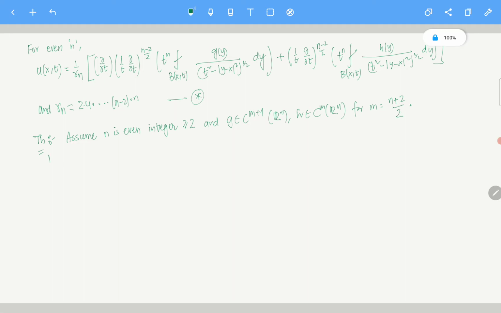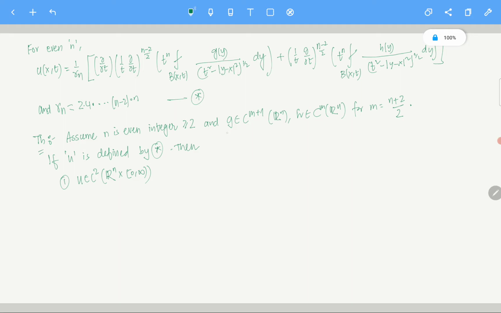Now if u is defined by star, then number one, u of course is in C2 of R^n cross (0, infinity). Clear?